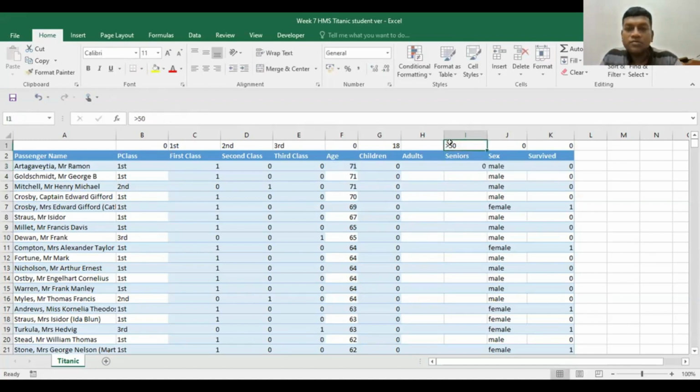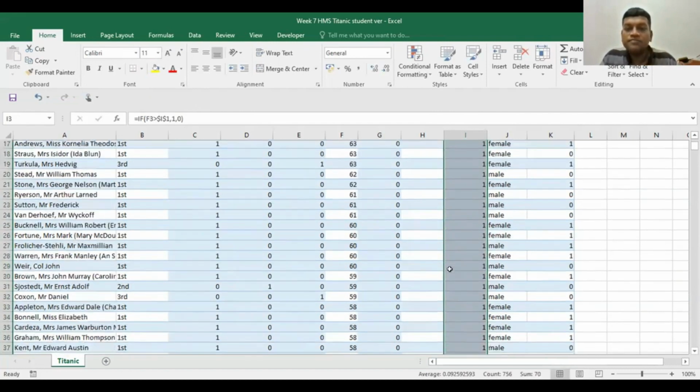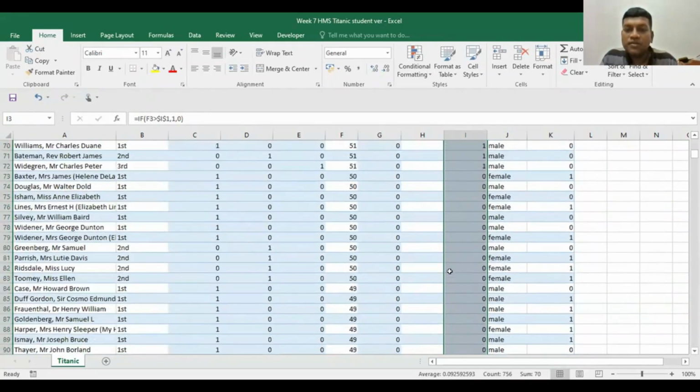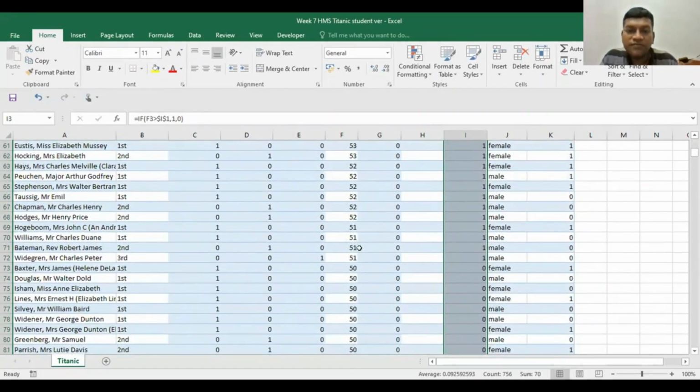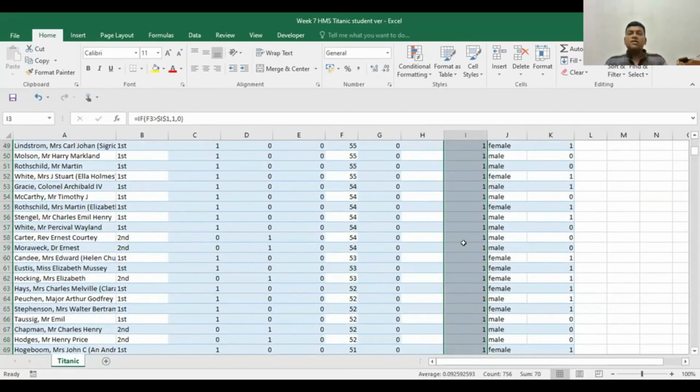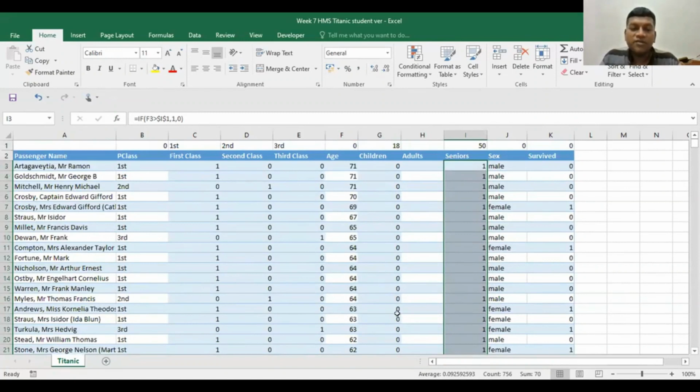Okay, so I should just put it as 50. If F3 is greater than that figure, 1, else 0. Drag it down. So the moment it is less than 50, it is dropping to 0. Does it say strictly greater than 50 or greater than or equal to 50? Let me look at the question. Above 50 years of age. Okay, fine. So we'll go with strictly above 50.